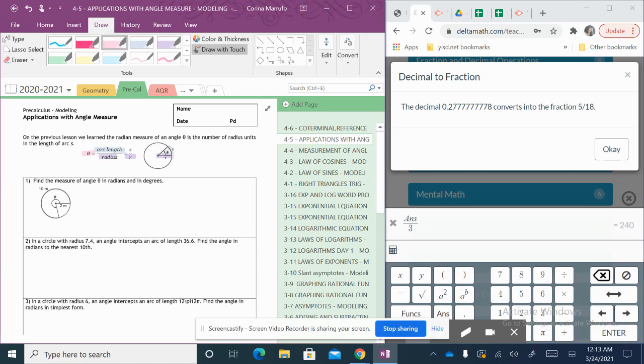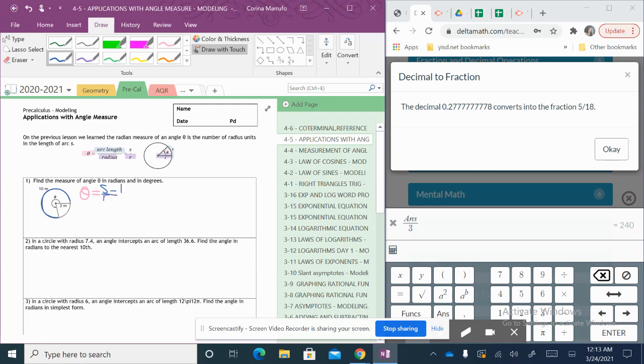Alrighty, so here they want us to find the measure of angle theta in radians and degrees. So here I'm going to use my formula. Theta is equal to s over r. Our s, which is our arc length, is this piece right here, labeled as 10 meters.